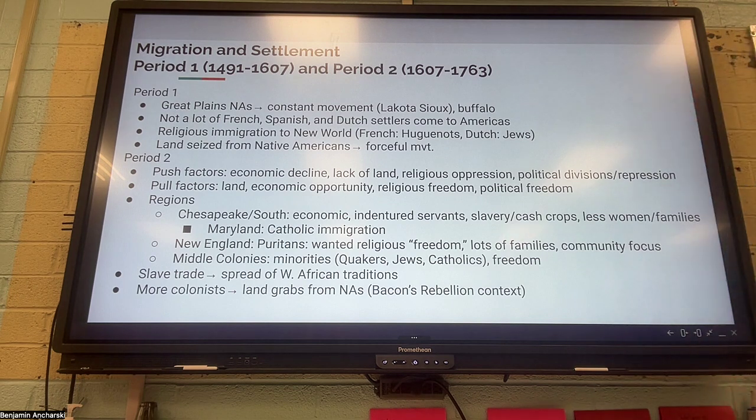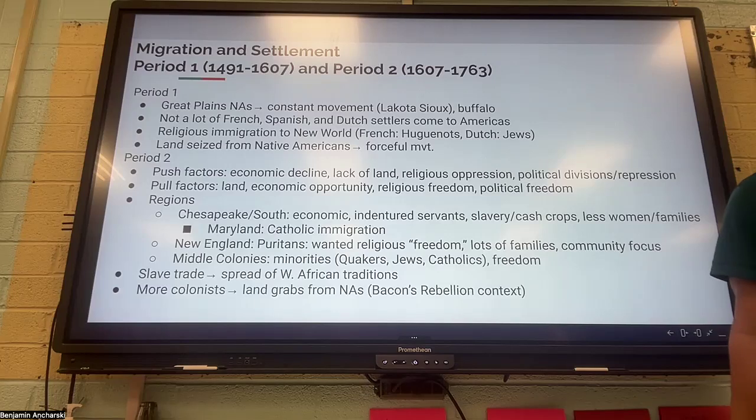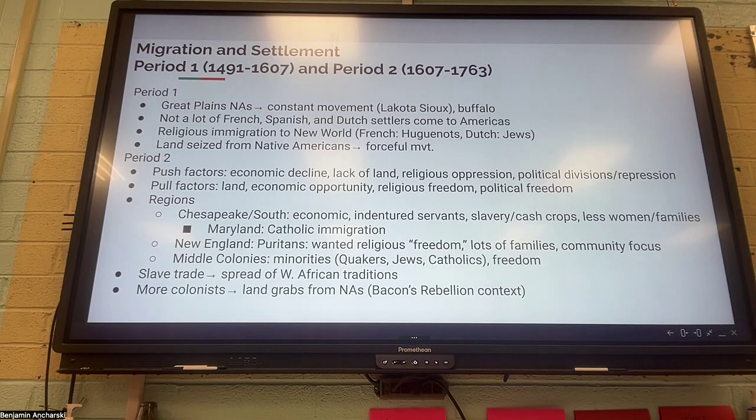Now, we kind of saw this already here about how not a lot of French, Spanish, and Dutch people came here, but the ones that did, we saw the different types of styles like the encomienda system or these kind of like little trade posts here and there. Now, the people that actually do come to this country, we saw that oftentimes they're running away from something.